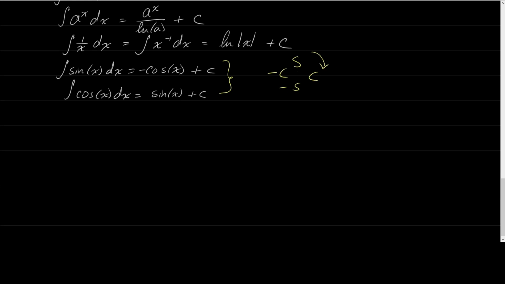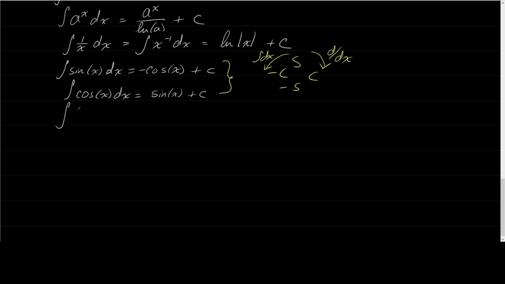We already said that going clockwise was derivatives, but going counterclockwise is going to be integrals. So if I start with sine, the integral of sine is negative cosine. The integral of negative cosine is negative sine. The integral of negative sine is cosine. The integral of cosine is sine.